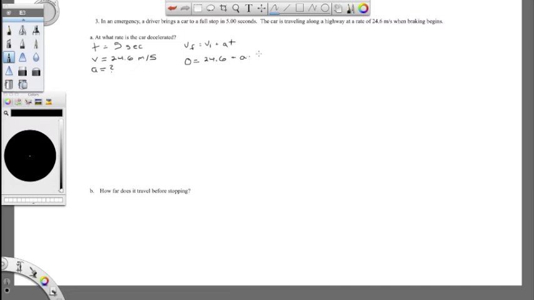Now, let's simplify, but first, let's go over our answers. We got our final velocity because the car came to a full stop. We got our time because it took the car 5 seconds to go to that full stop.